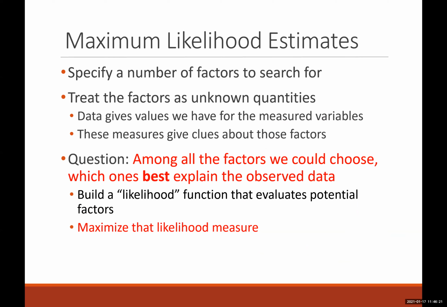Now, a lot of this, particularly when we use the correlation matrix, is based on the maximum likelihood estimates. That's what helps us calculate the eigenvalues that help us determine the number of factors, and then also helps us derive the eigenvectors.